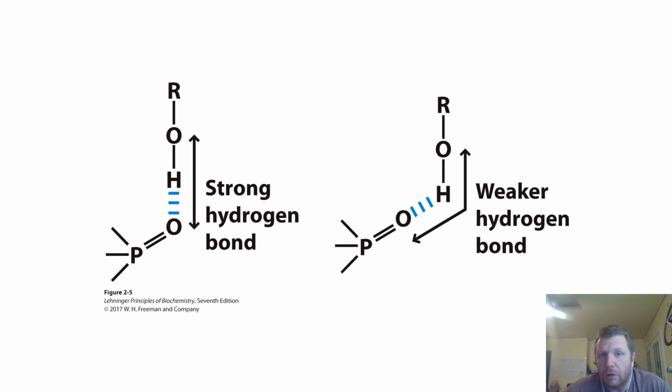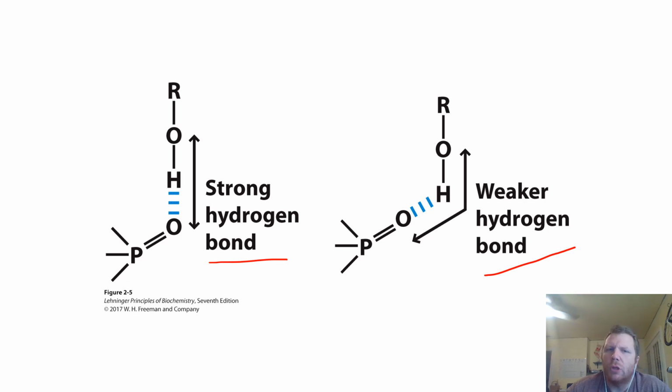I know the first time I looked at this, I was like, what am I missing? If we look, we've got the same players involved here. We've got a phosphorus with a double bonded oxygen, and then we've got this ROH. Well, this highlights strong. Then in our weak hydrogen bond, we've got that same phosphorus with double bonded oxygen, and then we've got that ROH. What's the difference? Well, this one is weaker. I can see that because it's at an angle.